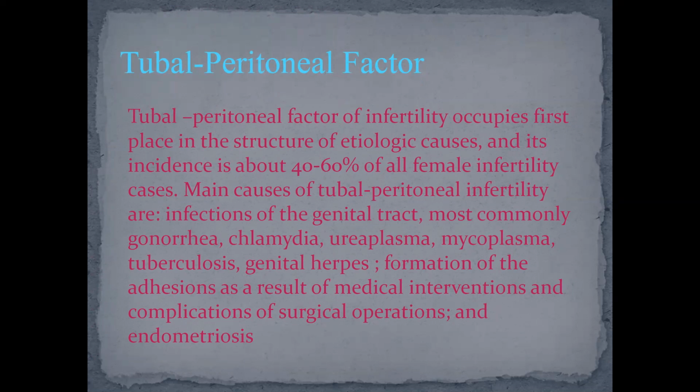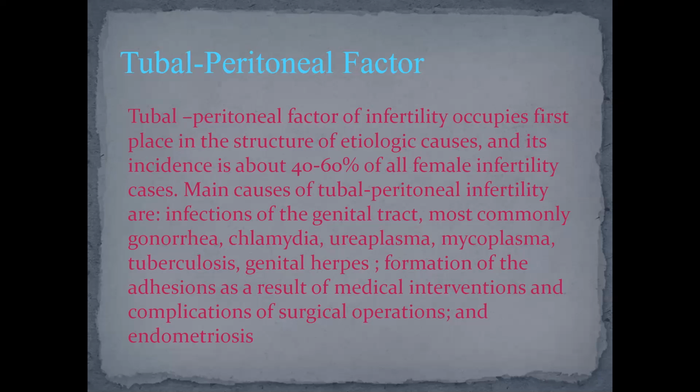Tubal peritoneal factor of infertility occupies first place in the structure of etiological causes, and its incidence is about 40–60% of all female infertility cases.